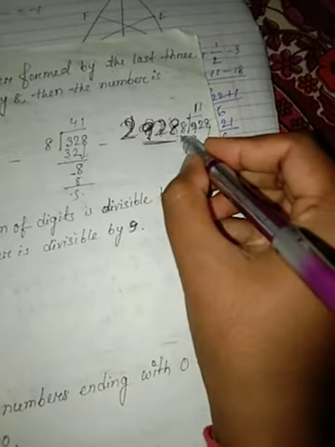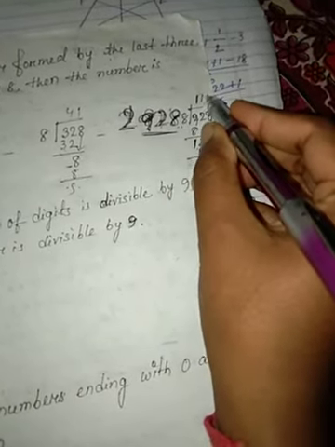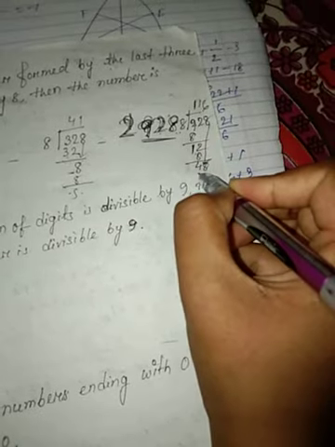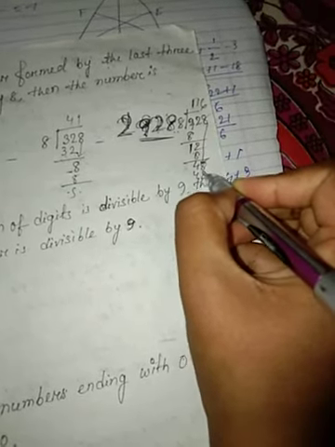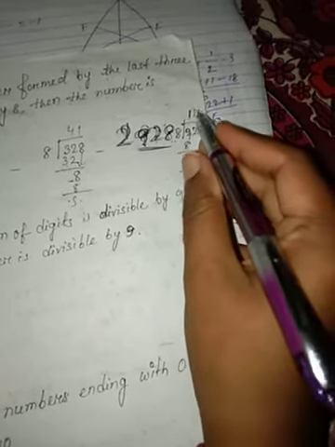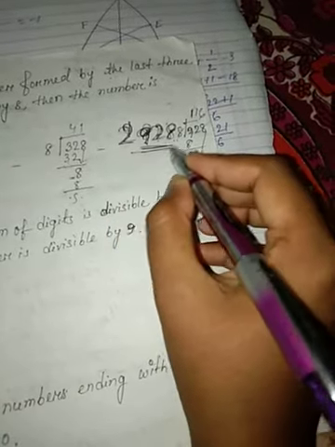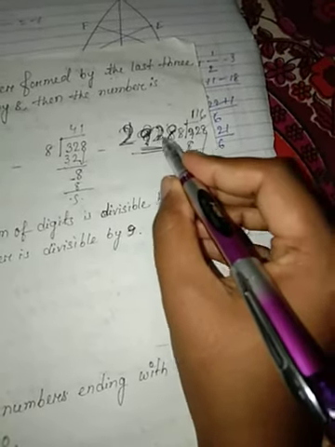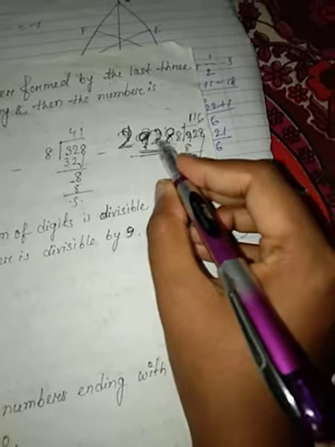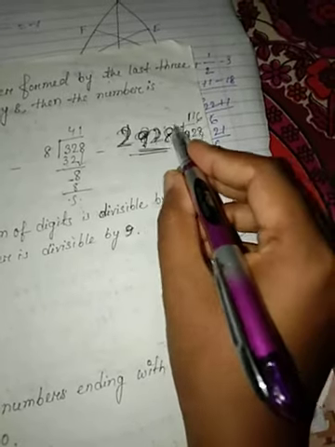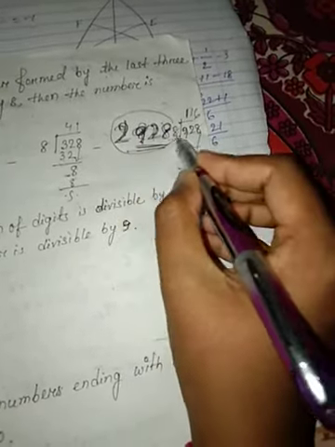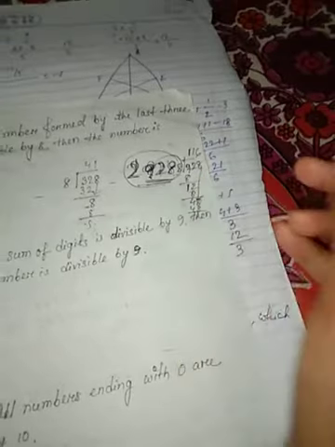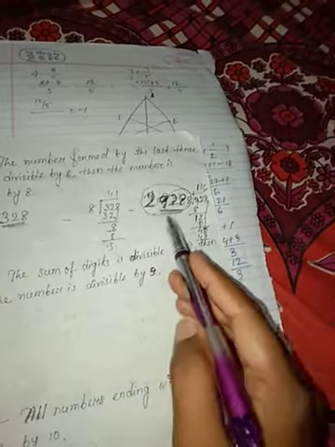Then 8 times 6 is 48. That means it is divisible. This number is divisible by 8 because the number formed by the last 3 digits is divisible by 8.